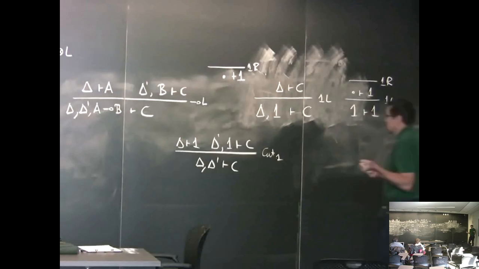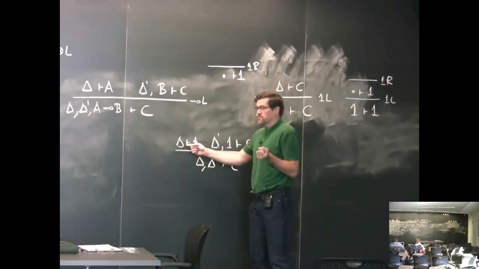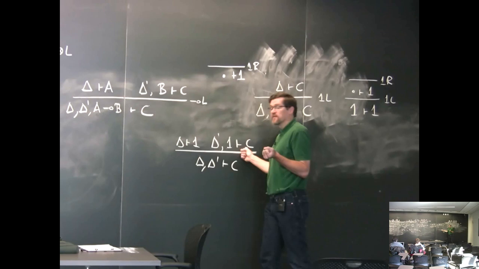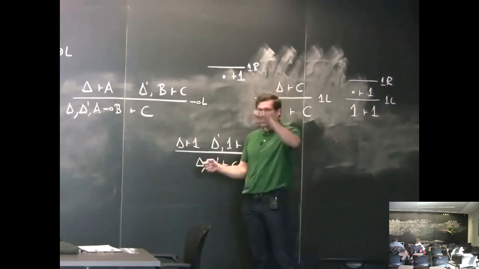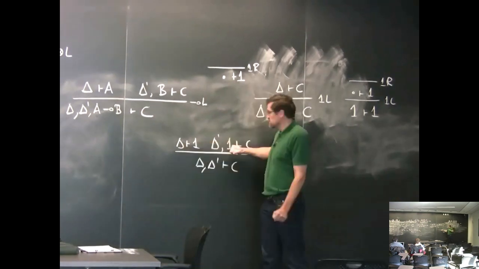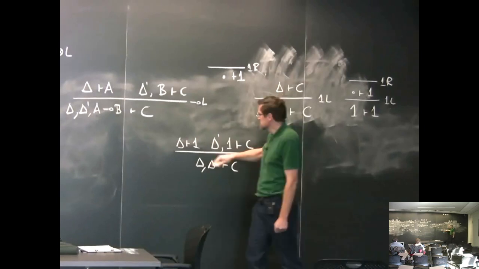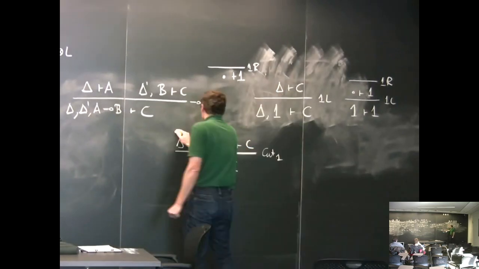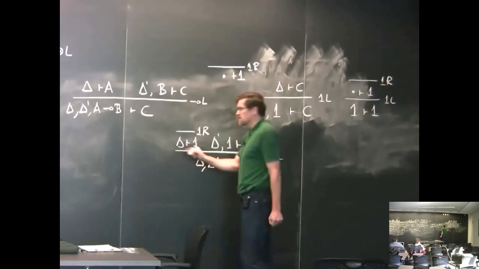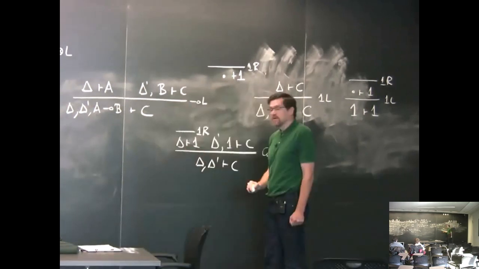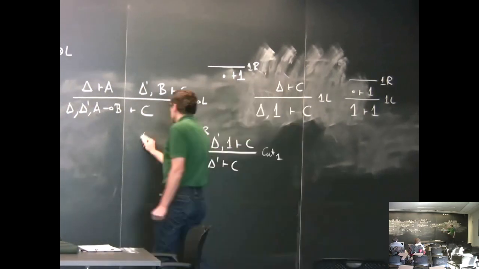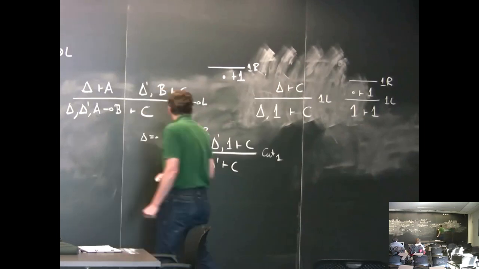Well, not in general, right? I have to think about what's happening here. We always want to match up a right rule with a left rule. That's what we're checking. If I use a right rule to infer this and a left rule to infer that, then I can reduce it. So if I use 1 right here, what do I know? Well, I know delta has to be empty, because it was the right rule.